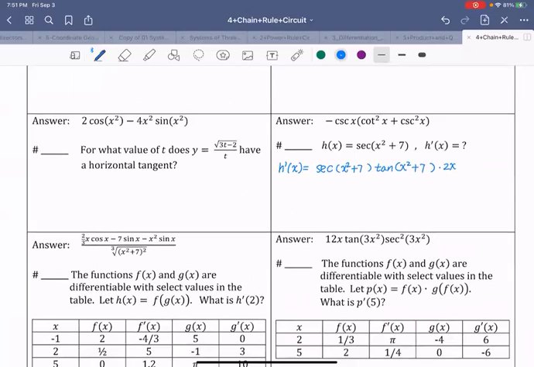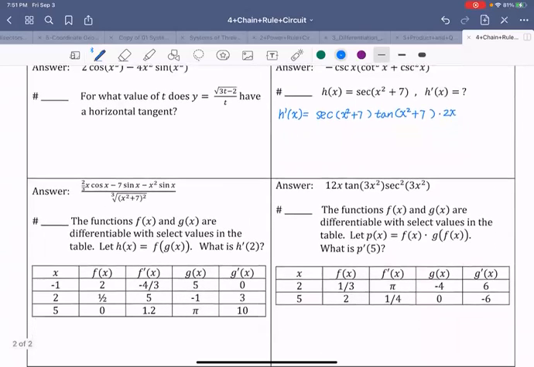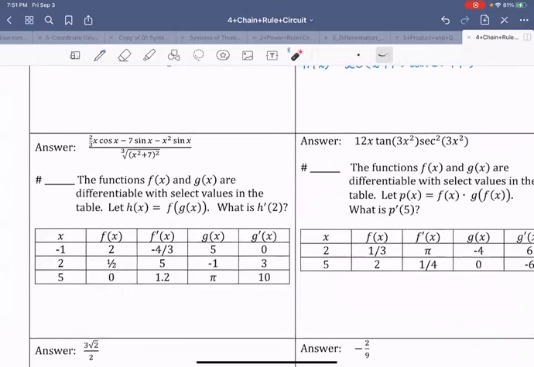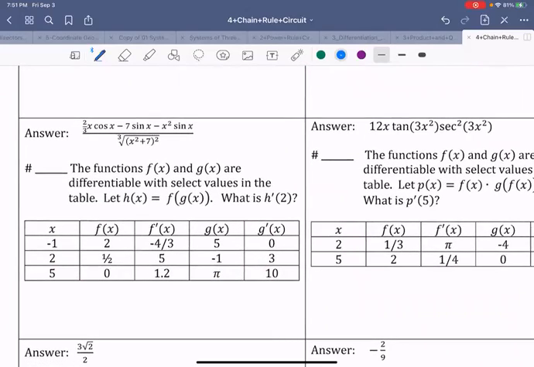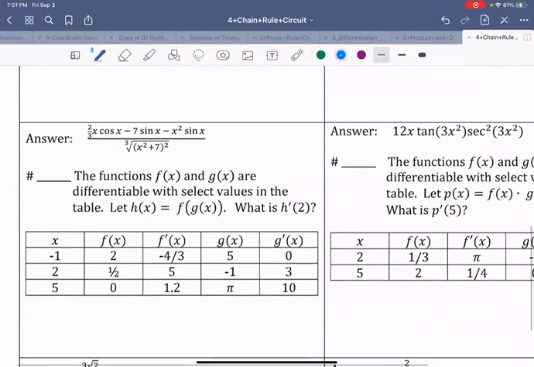Next, let's try a question over here. See this table, okay? See this table. So, Aiden, let's try this one. Okay.